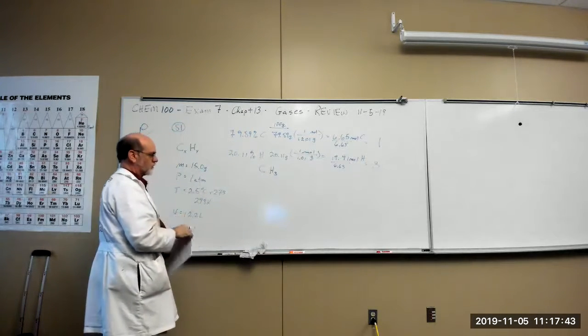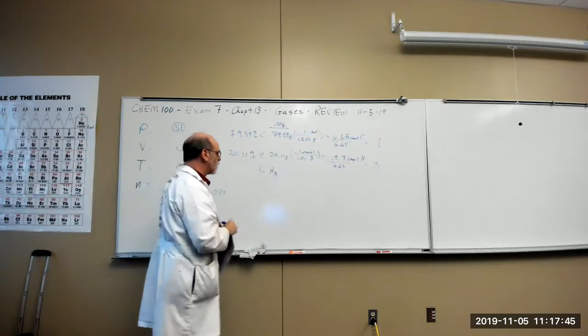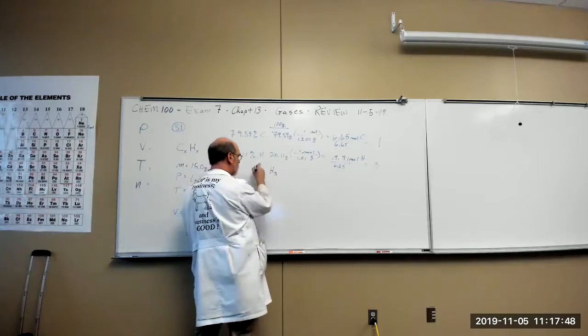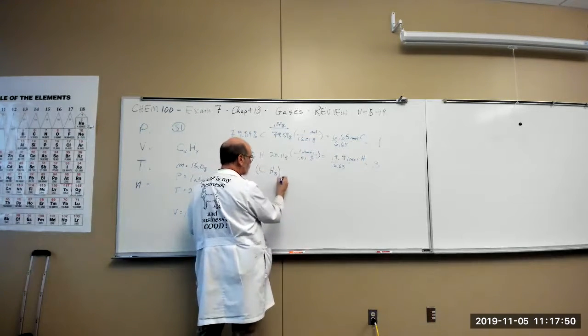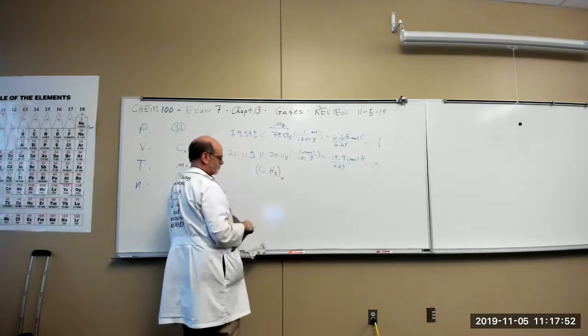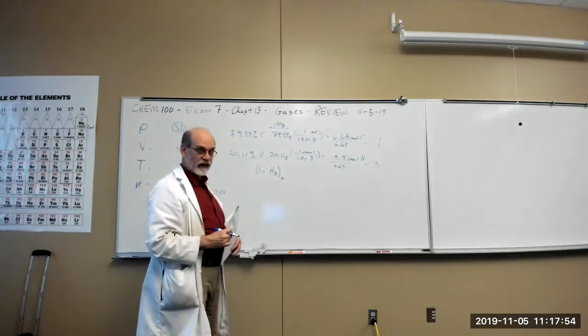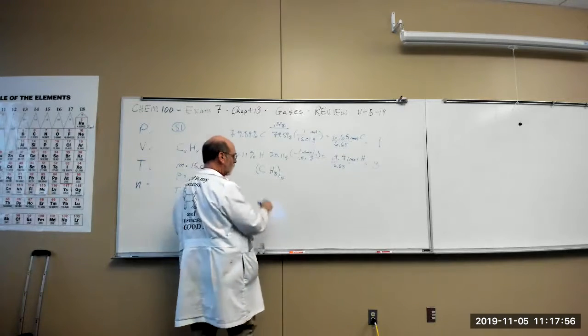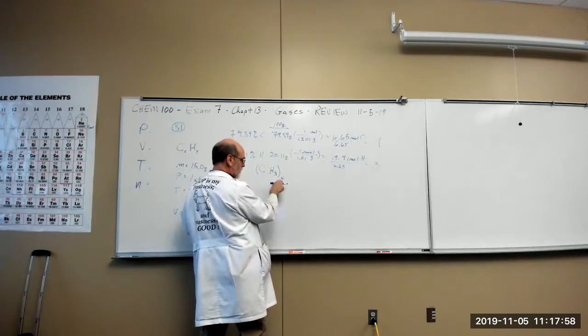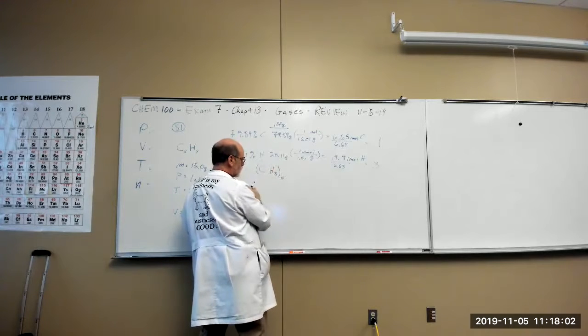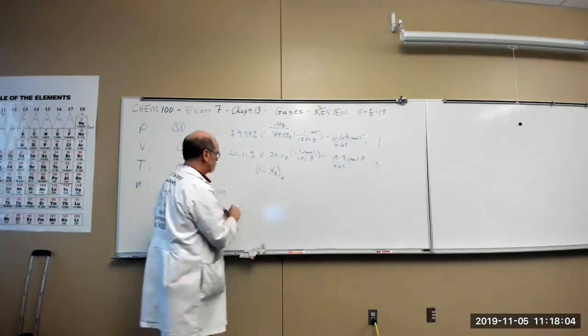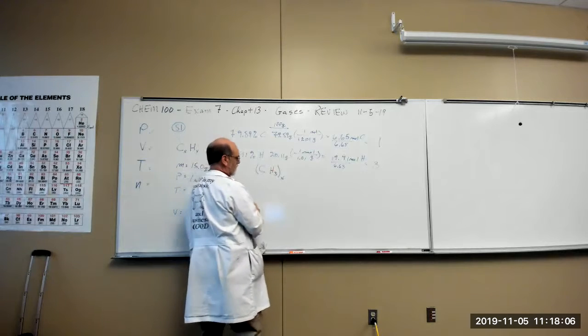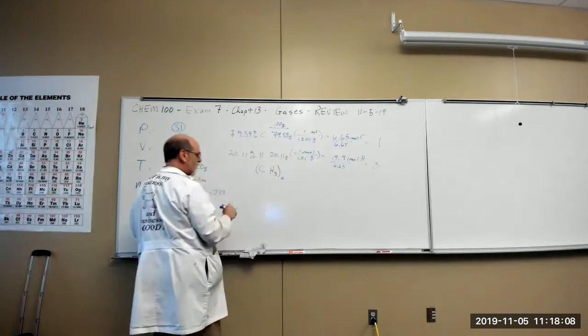But we want the molecular formula. So what do we need to know to give us the molecular formula? We need a multiplier. Right? How do we find that multiplier? Well, what's the ratio of this formula to the actual formula? Right? So how do we find that?